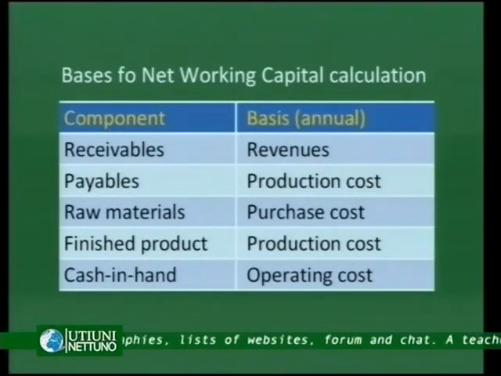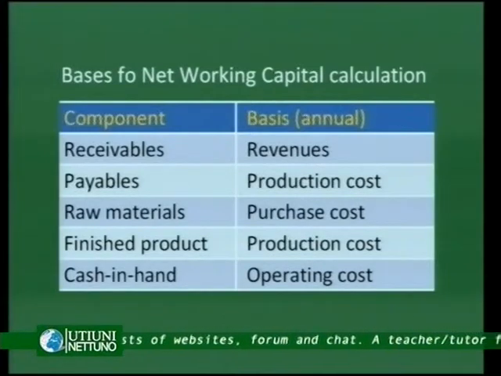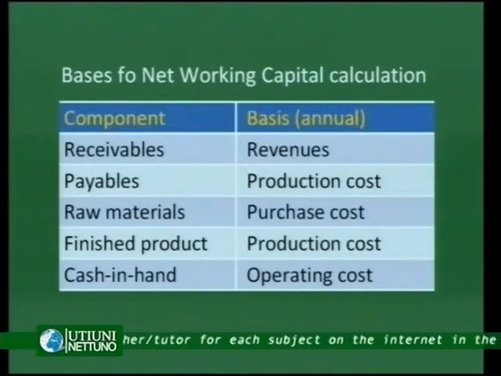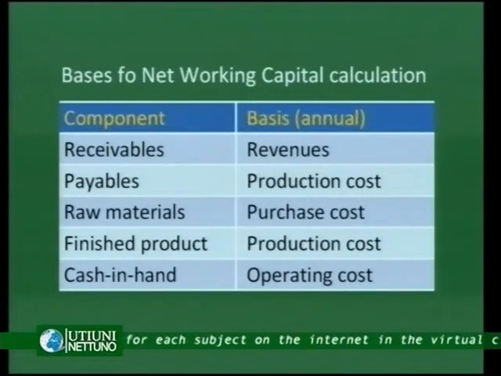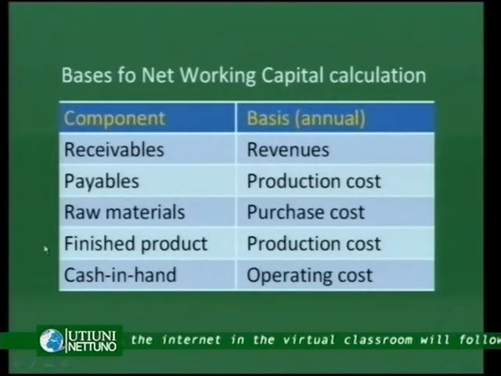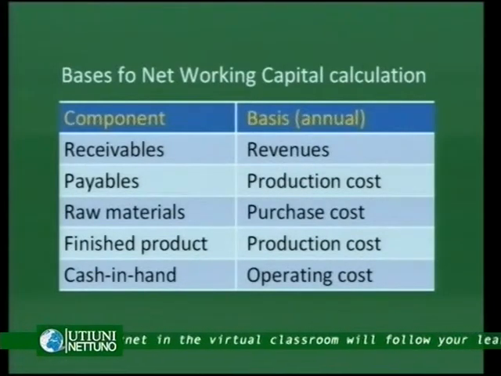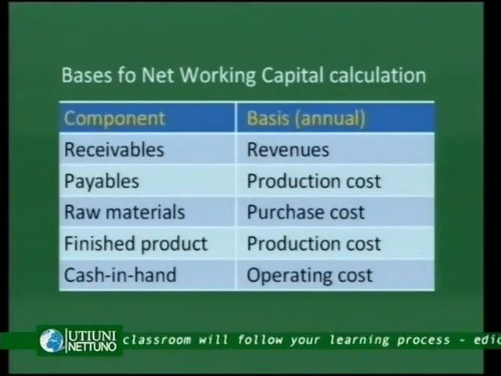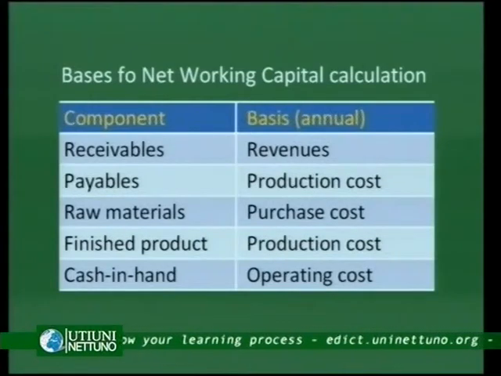Then you have payables that depend on the production cost, in the sense that the higher the production cost, the higher you expect the payables will be for this project. Then you have, as we discussed before, the raw materials, which typically depend on the annual purchase cost. And then you have the finished product stocks that depend on the production cost of a year. And then you have the cash in hand that is related to the operating needs, and so it can be calculated on the basis of the operating cost.